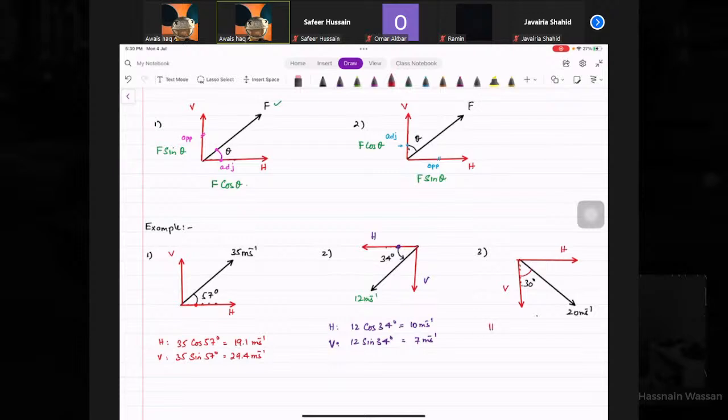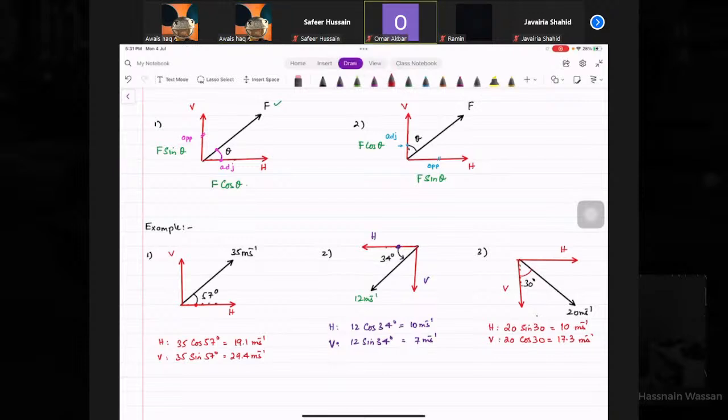So horizontal we could write as 20 sine of 30. Why sine? Because the angle is not next to it, which makes it 10. And vertical is 20 cos of 30, which makes it 17.3 meters per second. It is as simple as this. Is it clear, everybody?